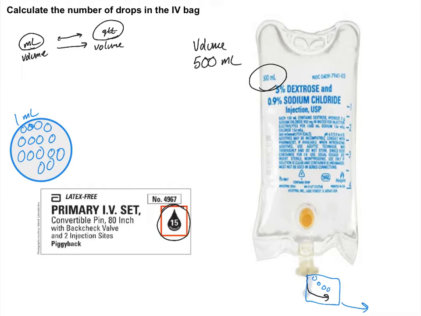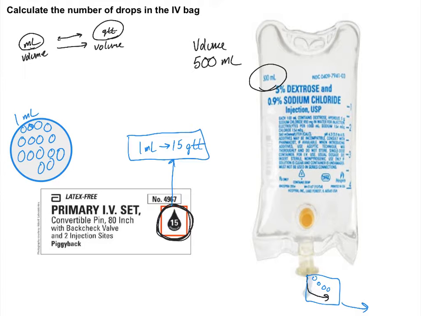And what I see here on the packaging for the chamber and the tubing is that each milliliter will be broken into 15 drops. This is telling me that 1 milliliter will be broken into 15 drops. This is the essential ratio for this problem. I know that each milliliter in this bag will be broken into 15 drops.